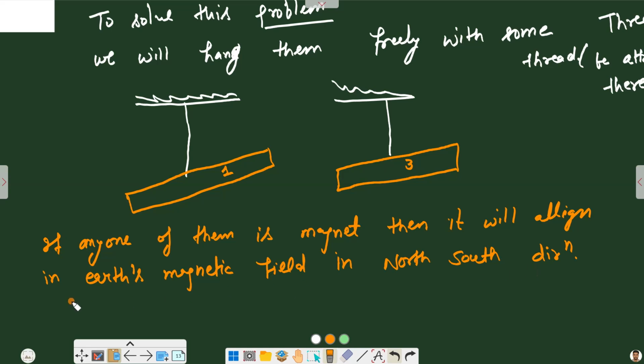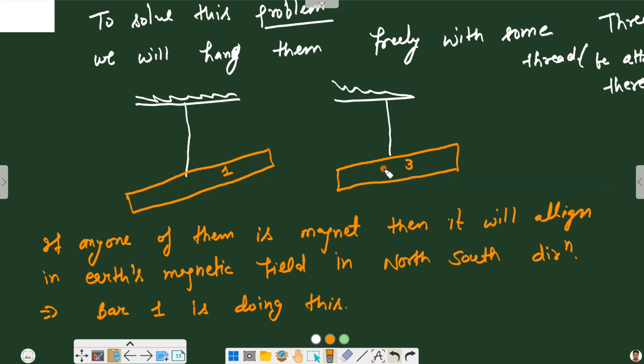So we will find that bar 1 is orienting itself in the north-south direction. Whatever direction we rotate it, it will finally orient itself in the north-south direction, and bar 3 is not doing this.